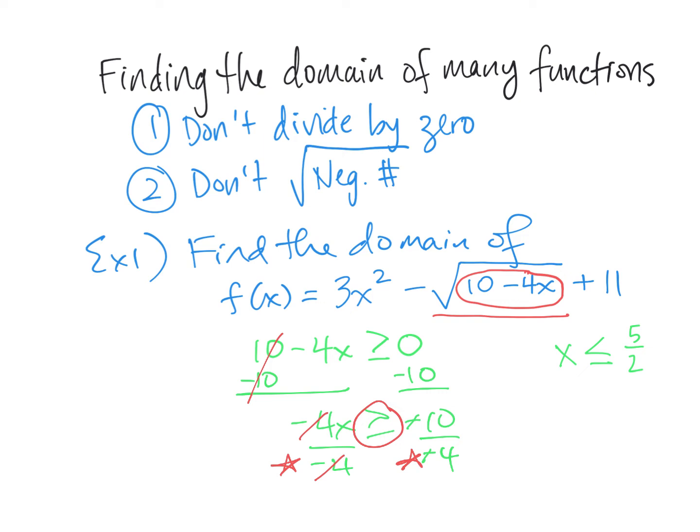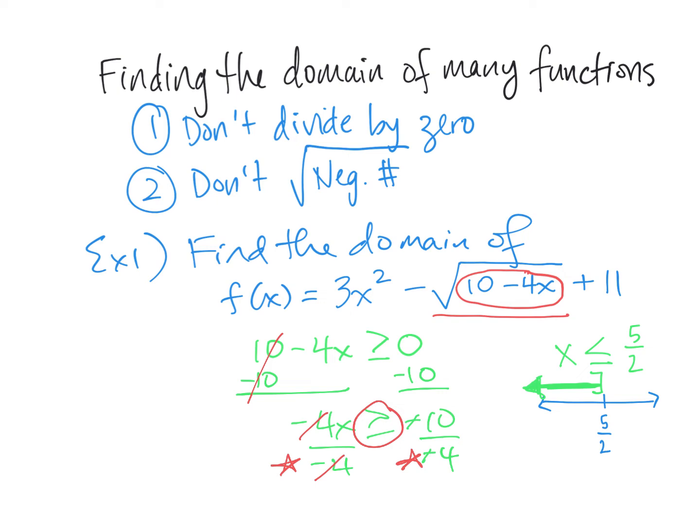So recall, if x is allowed to be any value that's less than or equal to 5 over 2, if 5 over 2 is right there, then x can be anything to the left of that. And including, so I'm going to give it a square bracket.